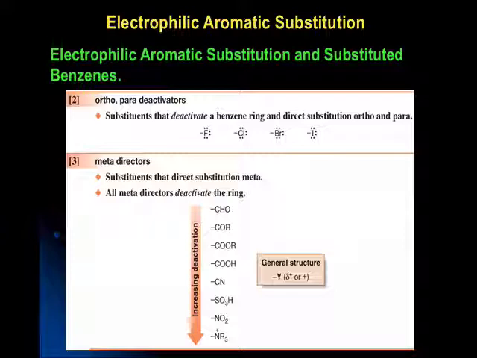They do donate a little bit, right? And so when we draw resonance structures, you will still see that those electrons from the halogen will end up by resonance at the ortho and para positions. But they don't donate a whole lot of electron density to the ring because they are so electron withdrawing, okay? So you need to have those three categories of things committed to memory.